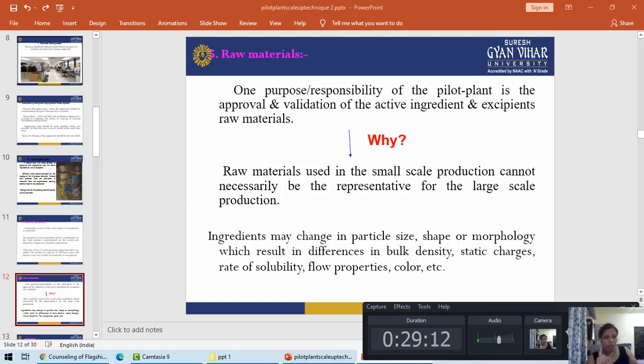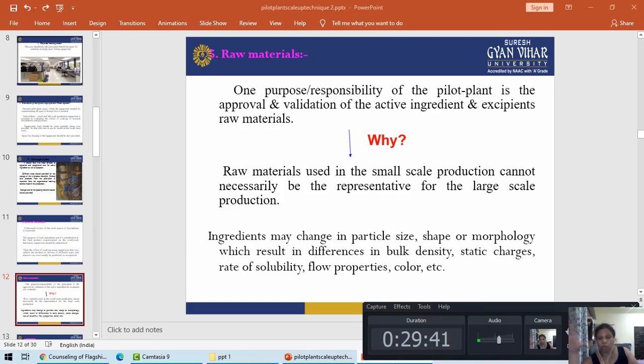Number one thing, maybe there are two ingredients which are having the same effect, okay, but the cost of A ingredient is very less than the cost of B ingredient. Okay, and you have used the B ingredient in your R&D. So what will happen if you make the large scale production with this B ingredient which has the higher cost, ultimately it will increase the cost of your product.